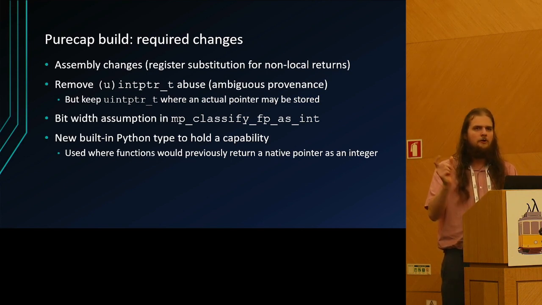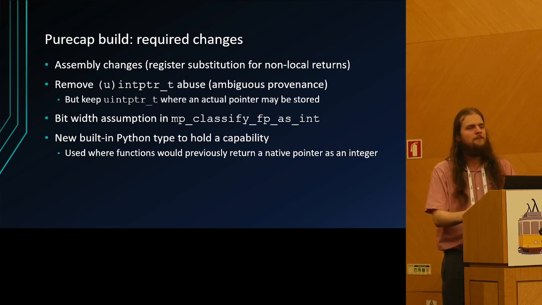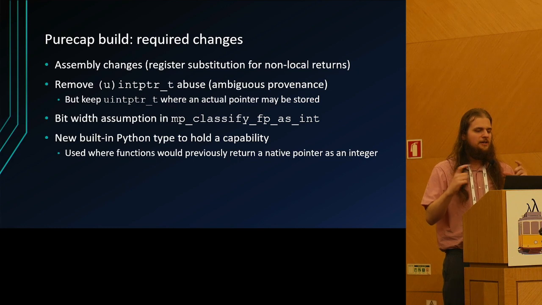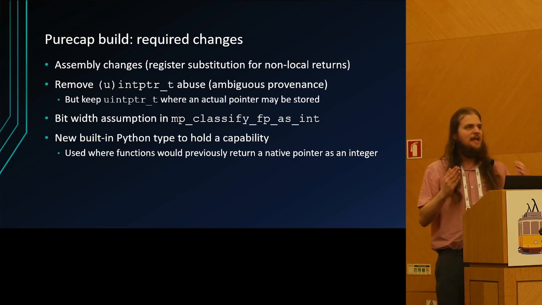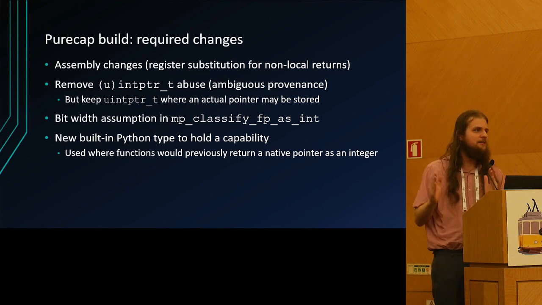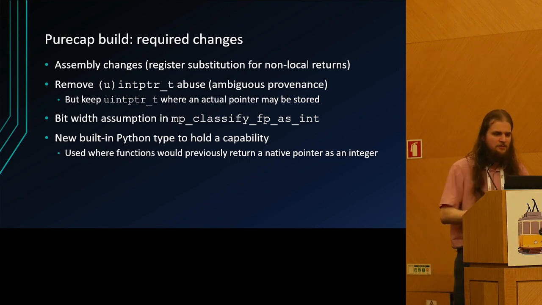The function to say whether or not it can be stored as a small integer relied on the size of a pointer to determine how many bits it had available, which is, of course, incorrect, because you can only use 64 of the bits to store the actual integer value. The rest is metadata. So we had to change that.